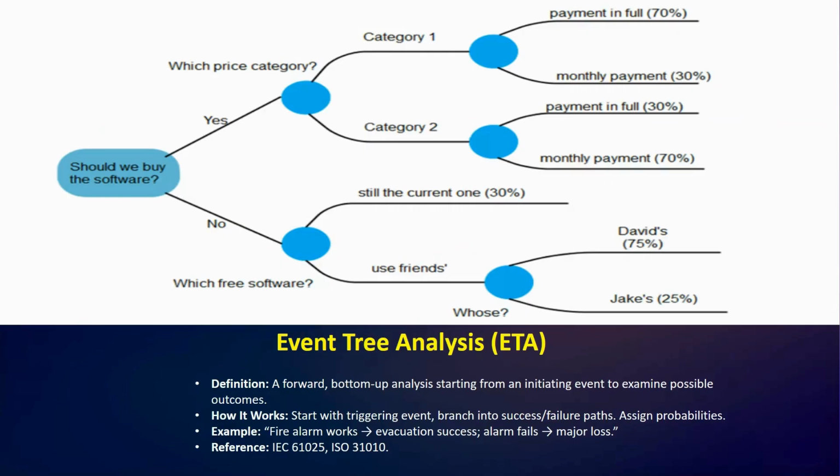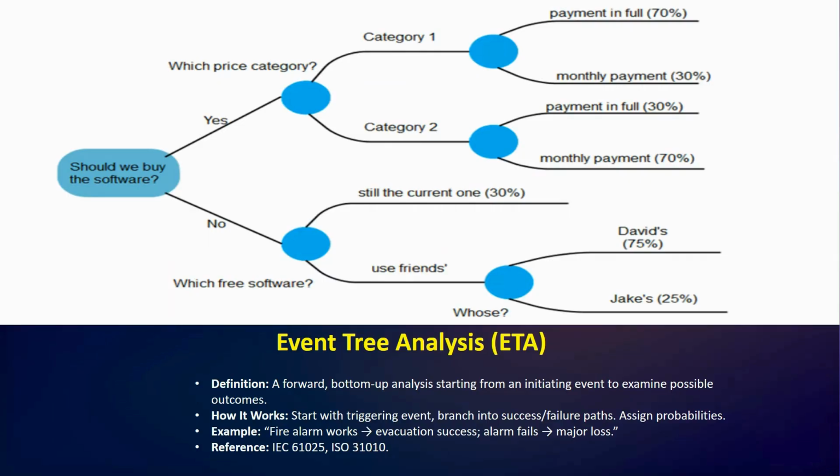So after that, we have the event tree analysis. Event tree analysis is the opposite of FTA, the fault tree analysis. It's a forward, bottom-up approach.